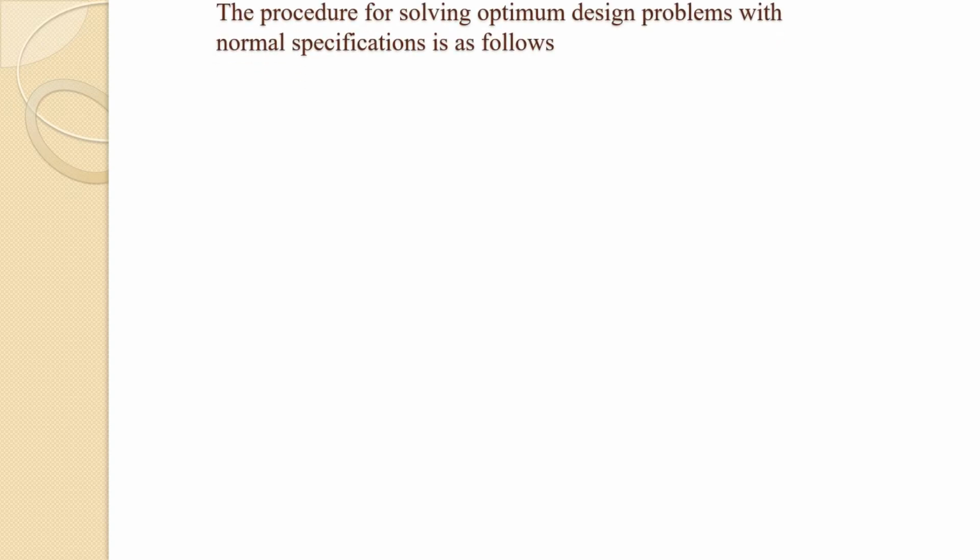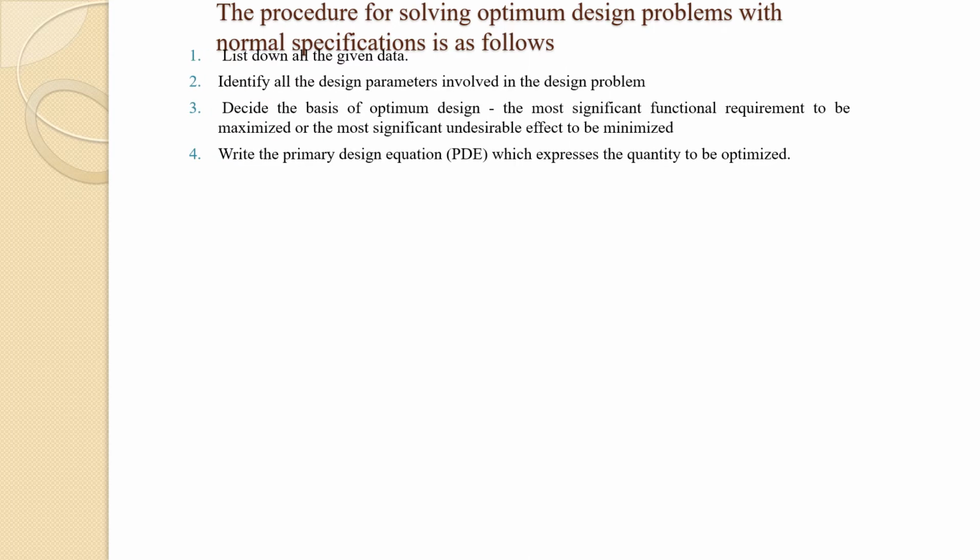Now, the procedure for solving optimum design problems with normal specification is as follows. First of all, list down all the given data which is mentioned in the design problem. Second step is to identify all design parameters involved in the design problem.